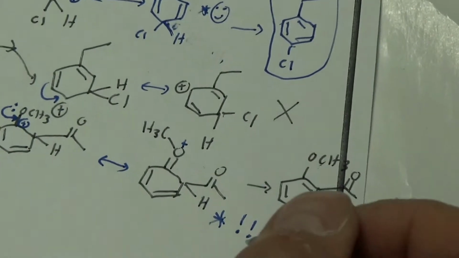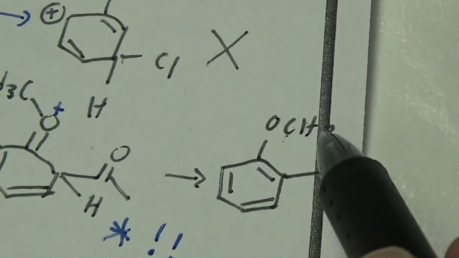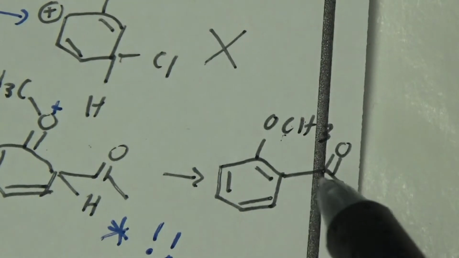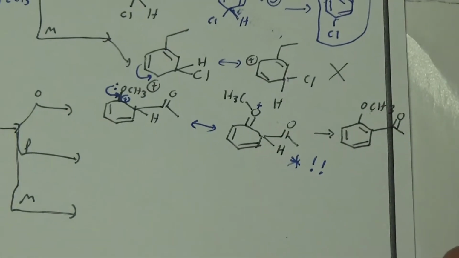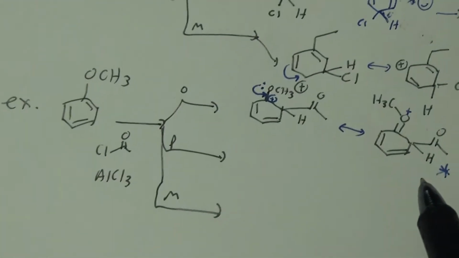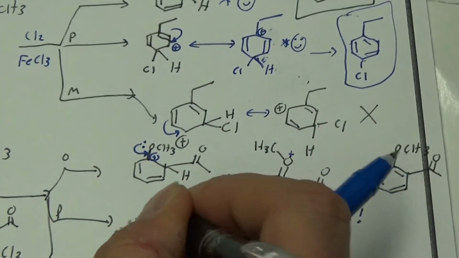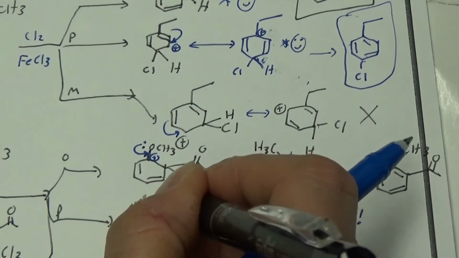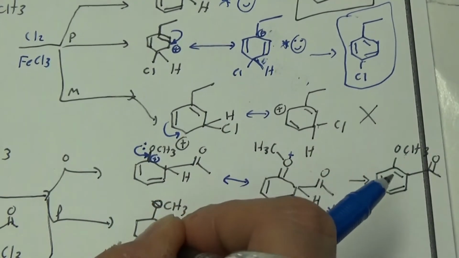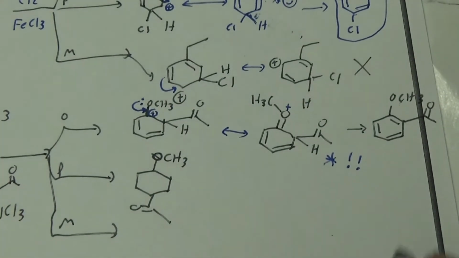It's a little smushed there, but it's a benzene, OCH3, and a ketone right there. And it's totally favored due to the stability of the intermediate carbocation. Para is the same.